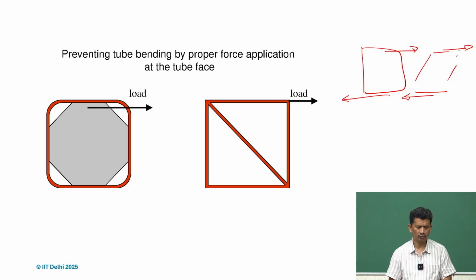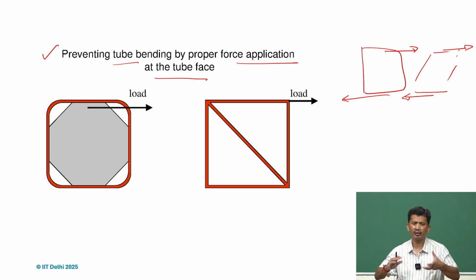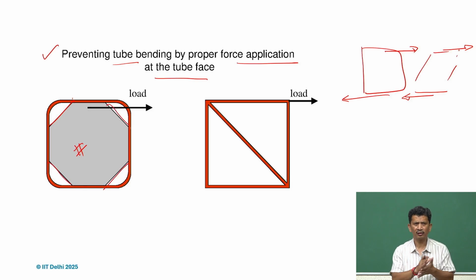So what to do? That's what it's saying: preventing tube bending by proper force application at the tube face. Wherever we are applying the force, it is very important to close the end. So for instance, here we can put this end plate so that the end cannot move, it cannot deform.